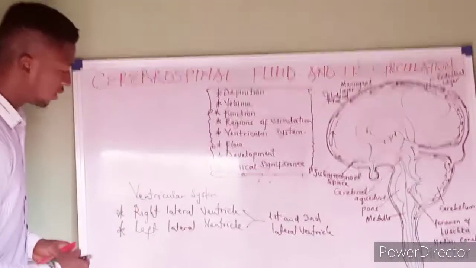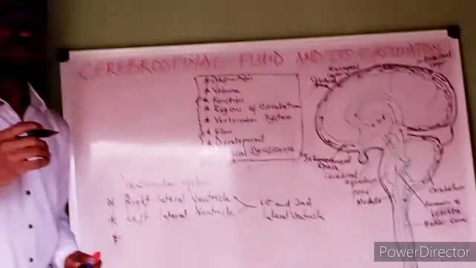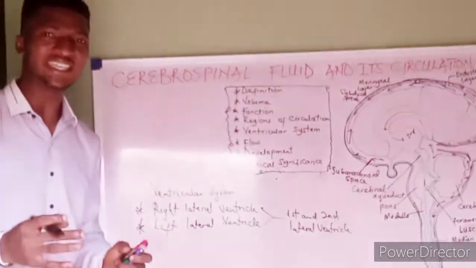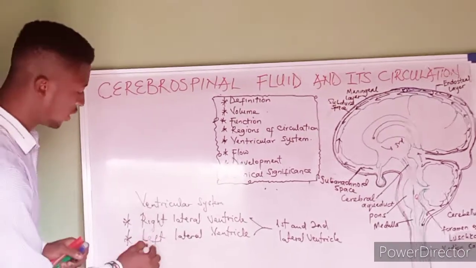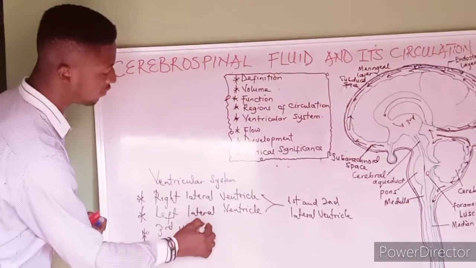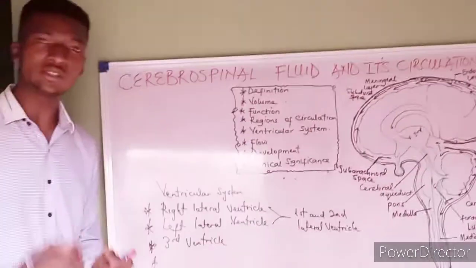The third ventricle is found beneath the cerebrum around the thalamus. So we have the third ventricle, which is located around the thalamus. Why the fourth ventricle?